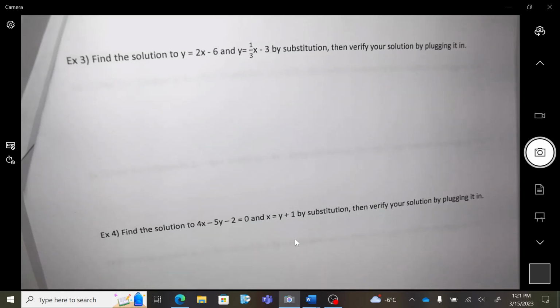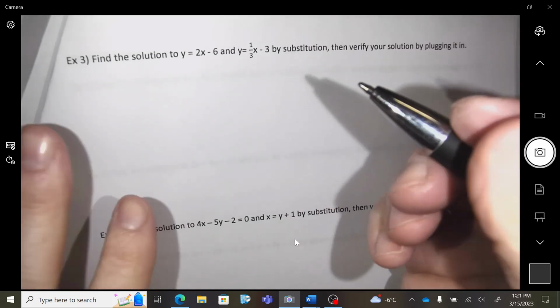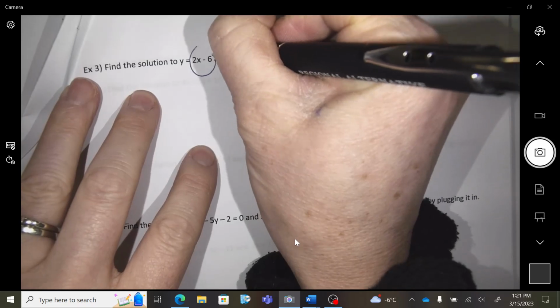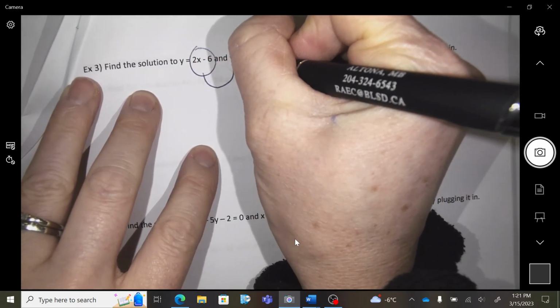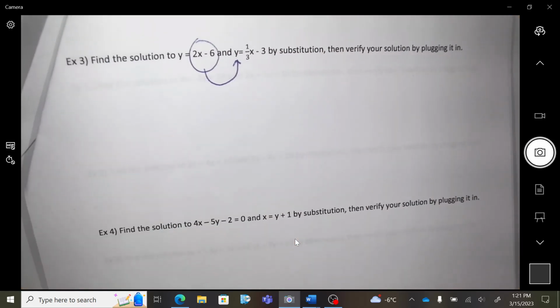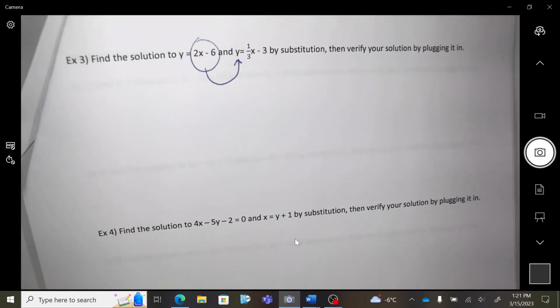Okay, y equals, actually it doesn't matter what you do here. So if y equals this, I can replace it into the other equation. You have to take it from one equation and replace it in another equation.